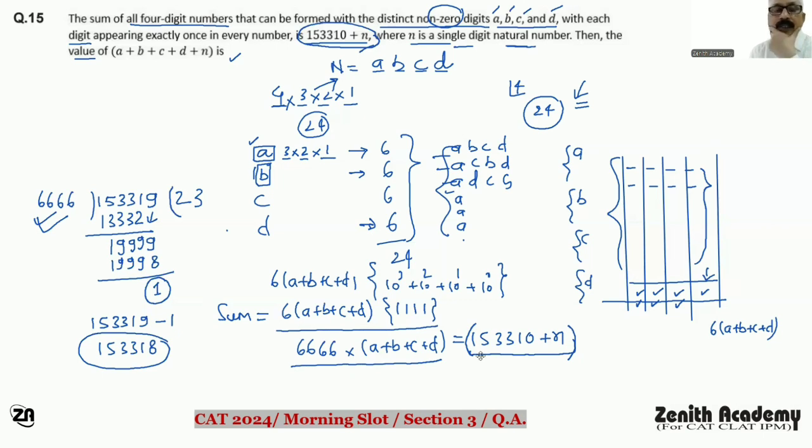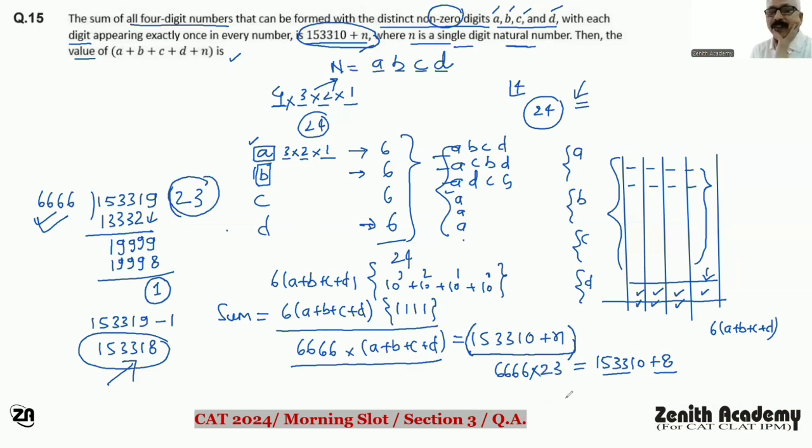So here 153310 plus n: this number is written here as 153310 plus 8. Got me? And this is double six into this 23.